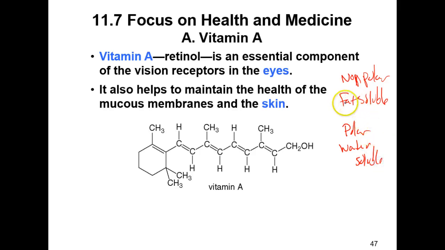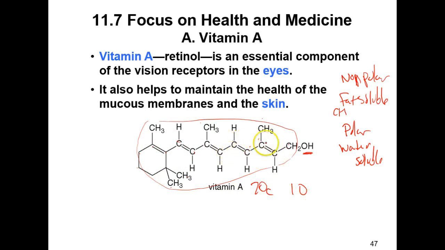Remember, the fat soluble ones have lots of carbons and hydrogens. Notice, this whole molecule is carbons and hydrogens with the exception of one OH. Now, remember the 4 carbons for every oxygen rule? Does that fit this rule? Absolutely not. I've got 1, 2, 3, 4, 5, 6, 7, 8, 9, 10, 11, 12, 13, 14, 15, 16, 17, 18, 19, 20. I have 20 carbons for 1 oxygen.